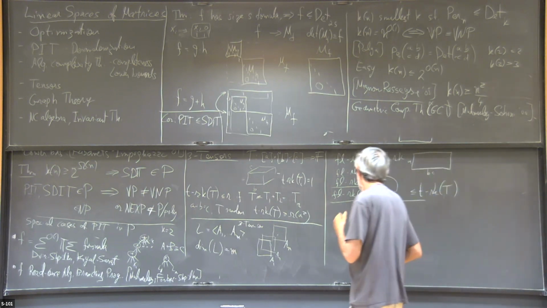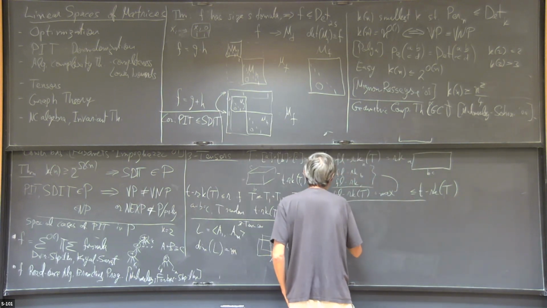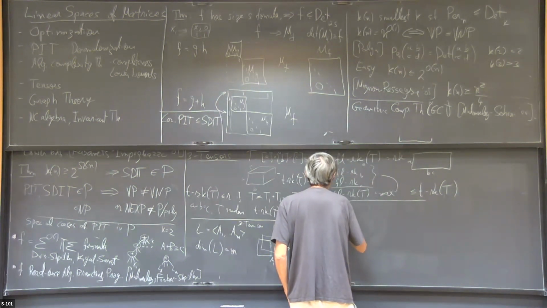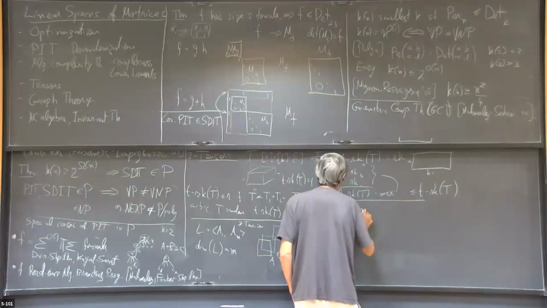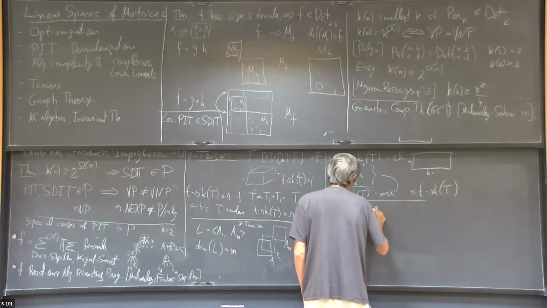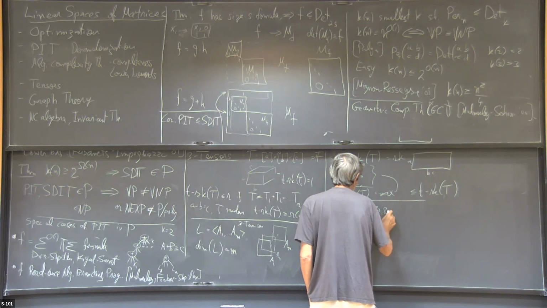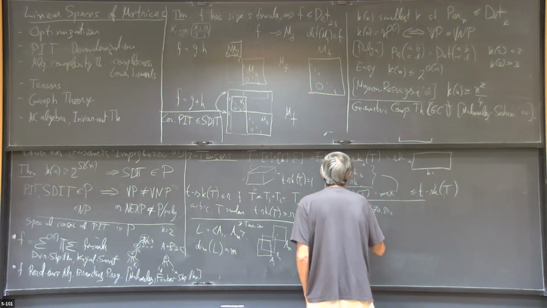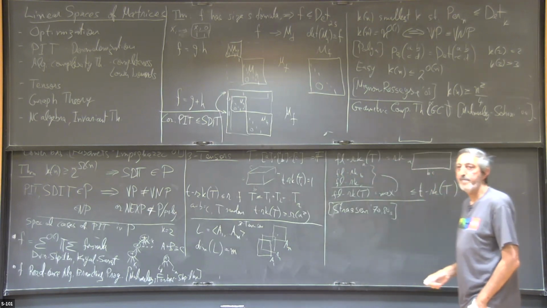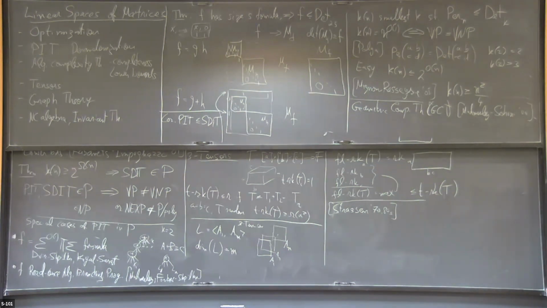And this is a theory of asymptotic rank, in the 70s and some in the 80s. I wrote a series of papers on the asymptotic spectrum of tensors.